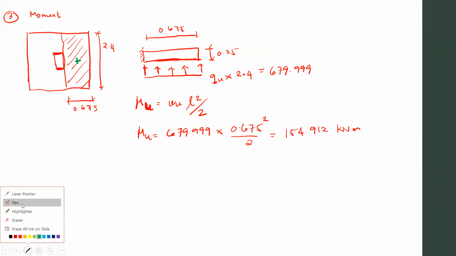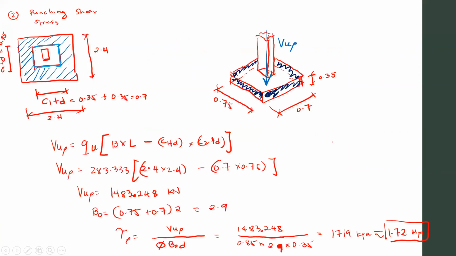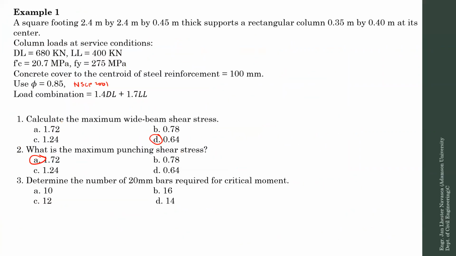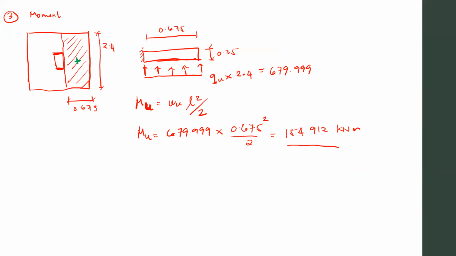Okay. And if you remember how to solve for AS, kailangan nga natin guys is number of 20 mm bars. So if you remember how to solve for AS sa reinforced concrete design given MU. Okay. Diba ang pinagawa sa inyo, if you recall, AS Fy solve for 0.8 compare it to 0.85 F prime C AB.